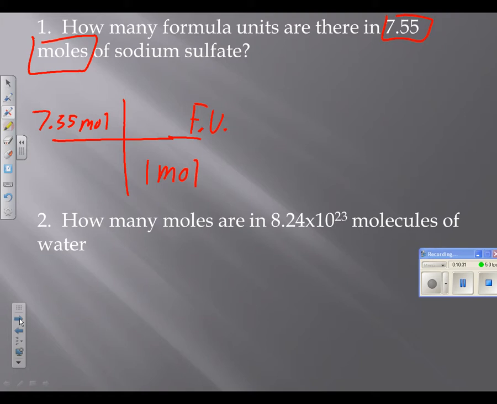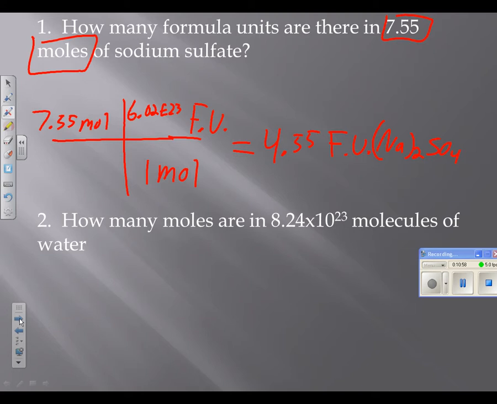Now FU is a particle, so we're going to use Avogadro's number, 6.02 E23. And you calculate it the exact same way. Just multiply those two together. You get 4.55 E24 formula units of sodium sulfate, which would be Na2SO4. You definitely don't need the parentheses.